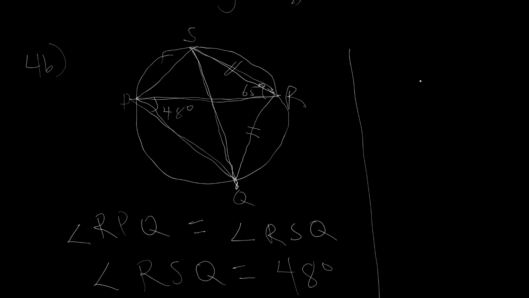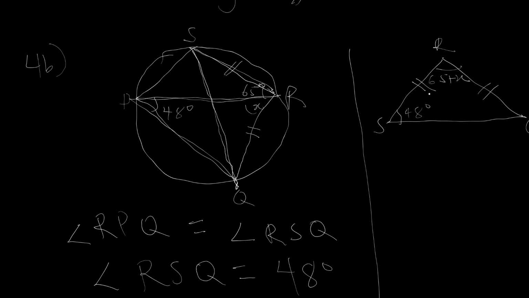But we have an isosceles triangle. So let me draw an isosceles triangle. And this is the angle we are looking for. We don't know, so that will be X. So this whole angle should be 65 plus X. This side, RSQ, should be 48.